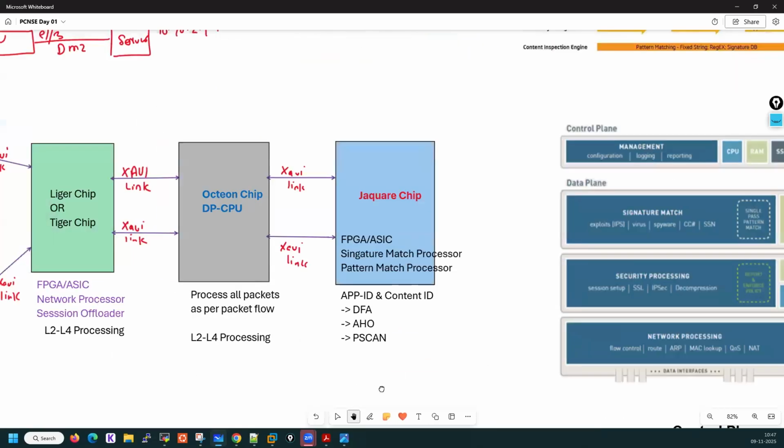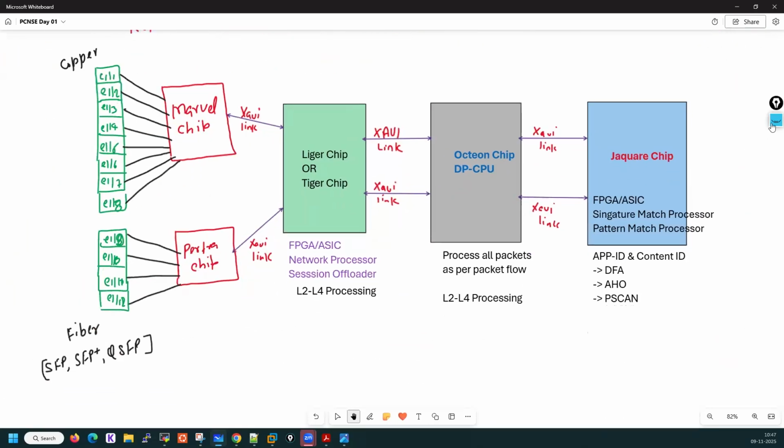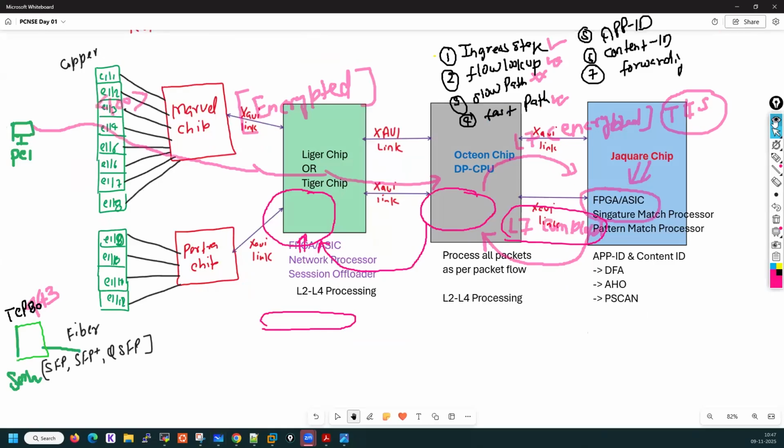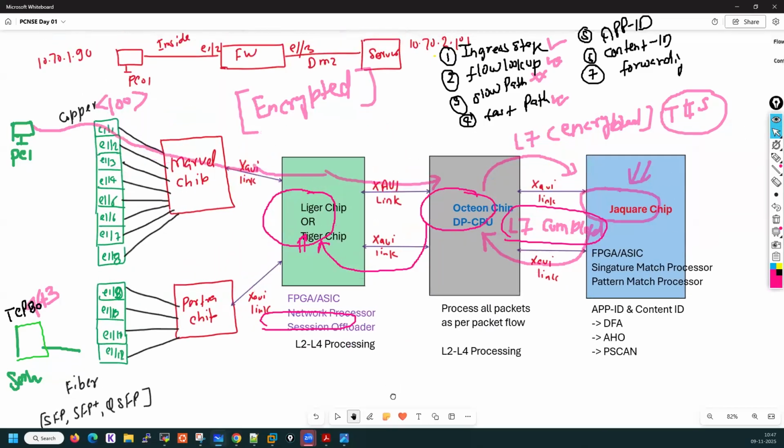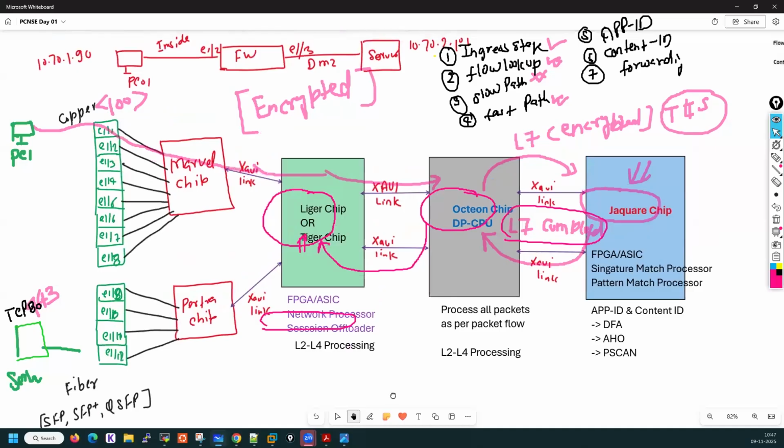Flow control means it can perform this task. Now once this message is received by the network processor, the Octeon chip has instructed the Tiger chip, the network processor: going forward, you have to handle this packet. Now this packet goes here.